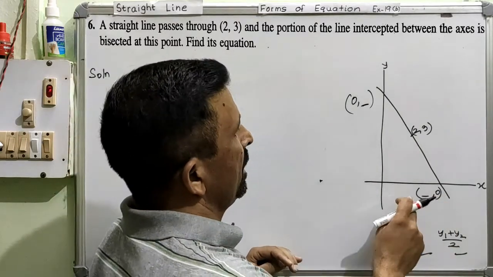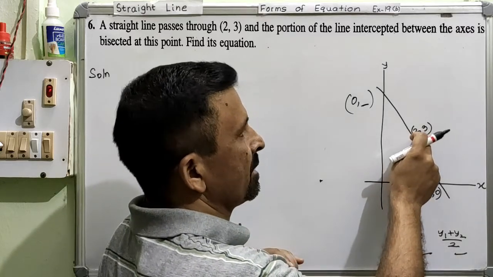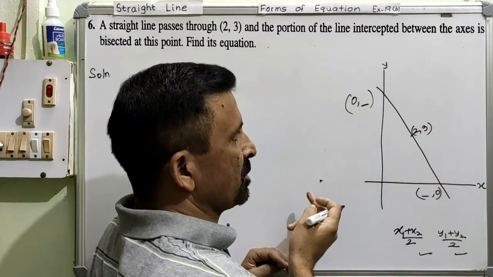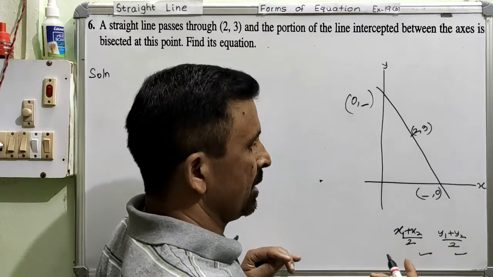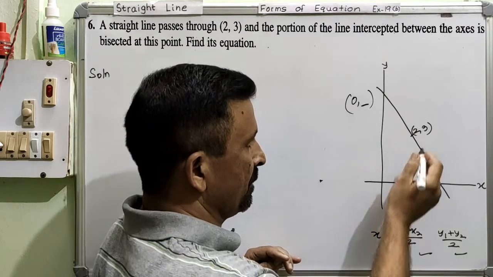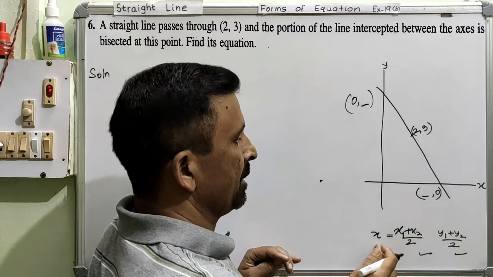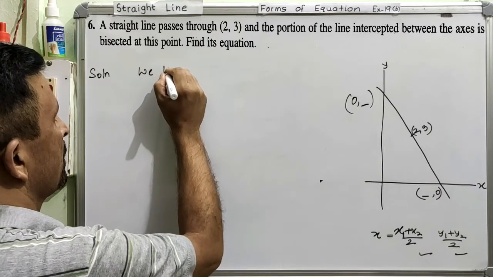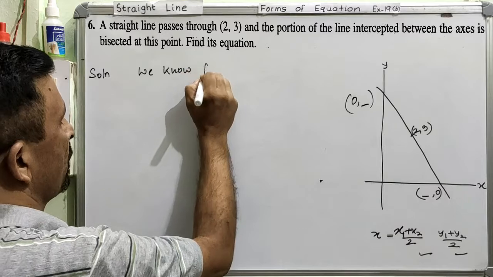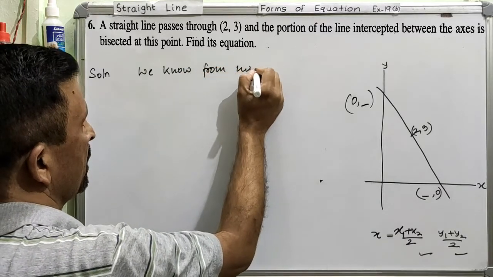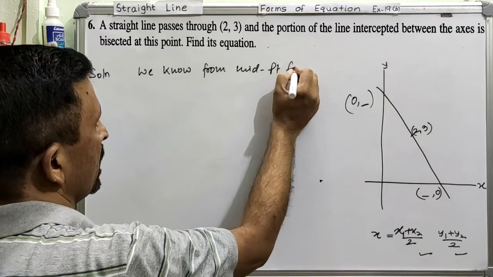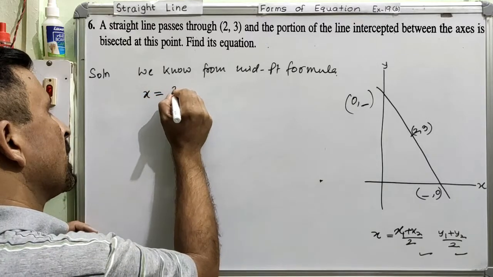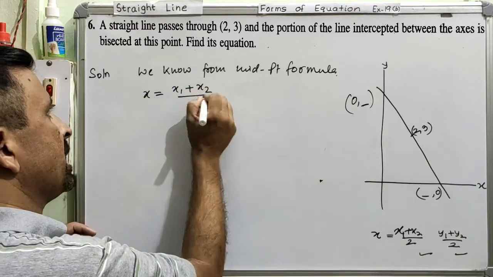Now look here. How do you get 2 using this formula? This x plus this x divided by 2 is equal to 2, which gives you the x value of the midpoint. Clear? So from the midpoint formula, x is equal to x1 plus x2 divided by 2.